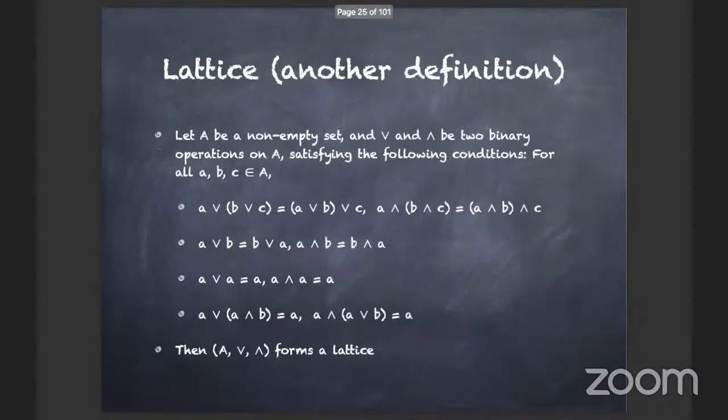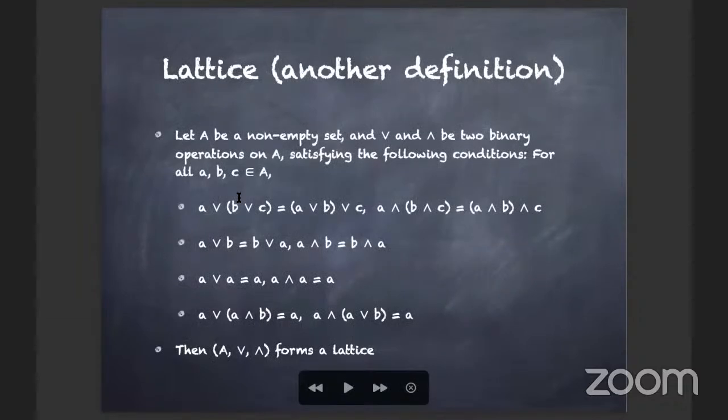Now we are ready to give another definition of a lattice. How do we define a lattice? This is what we call an algebraic definition. Take any non-empty set A and two binary operations, join and meet, on A, such that they satisfy the following conditions: the associativity condition, the commutativity condition, the idempotency condition, and the absorption condition.